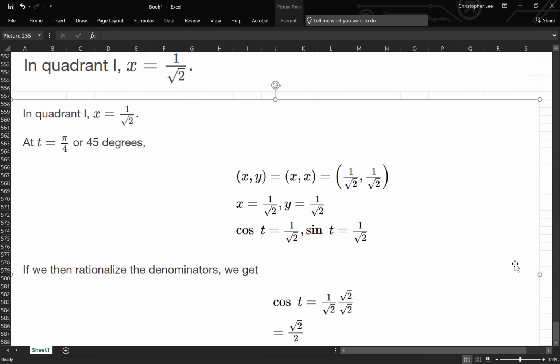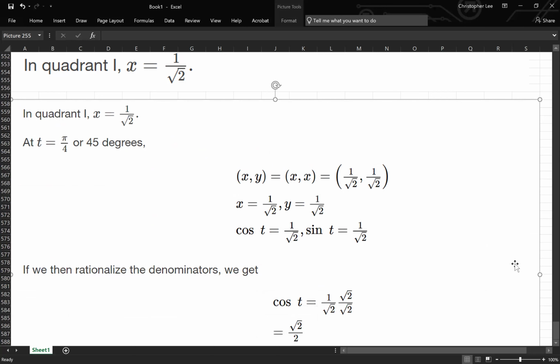So in quadrant 1, x equals 1 over square root 2. At t equal to pi over 4, or 45 degrees, x comma y is equal to x, x, which is 1 over the square root of 2. So cosine of t is equal to 1 over the square root of 2, and sine of t is equal to 1 over the square root of 2.